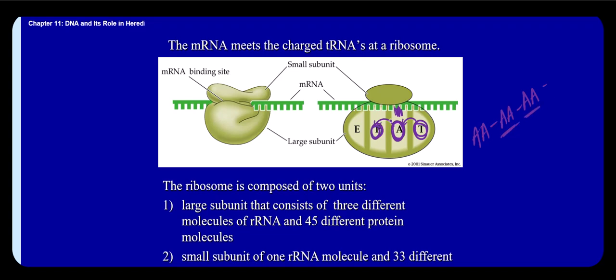That's what happens on the P site. So in effect, it's a little bit of a drop-off. The transfer RNA drops off the amino acid, attaches it to the growing polypeptide chain. Then it will move over to the E site, exits. So that's where the transfer RNA has done its job, dropped off its amino acid, goes to the E site, the exit site, and exits.